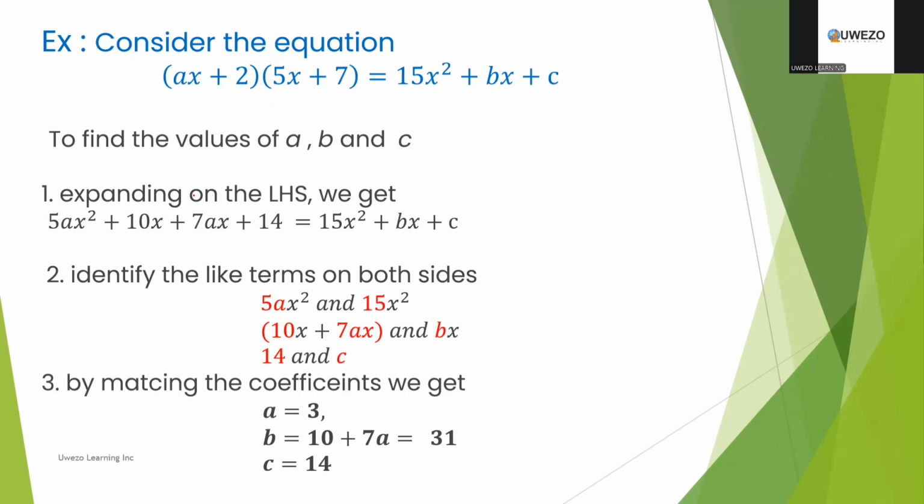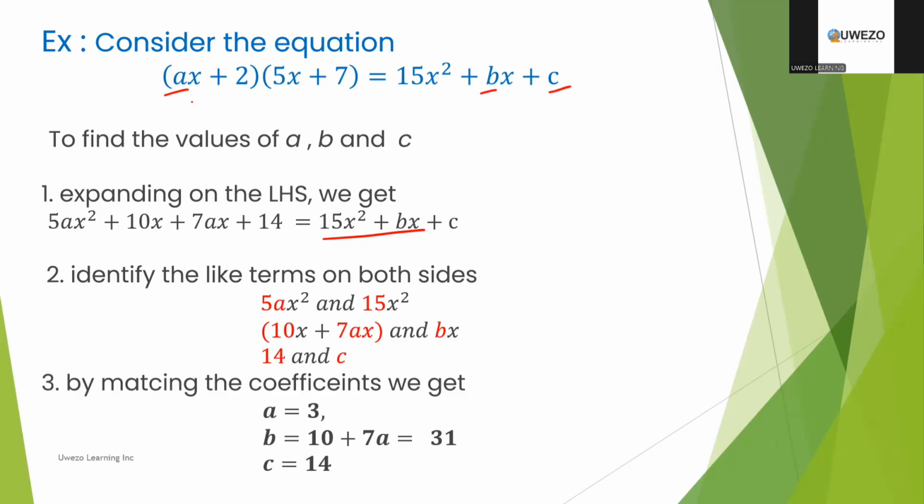For example, consider this equation with some expressions on the left-hand side and an expression on the right-hand side. Now, to find the values of the missing constants, we are going to match the similar terms. First, we are going to expand on the left-hand side, and we are going to get a similar expression as on the right-hand side.